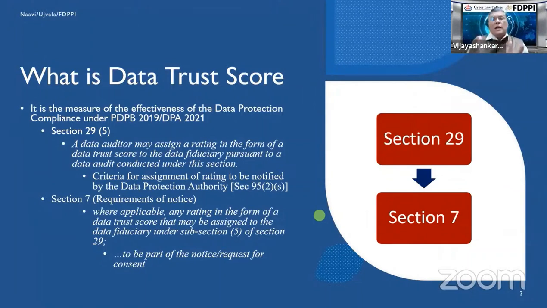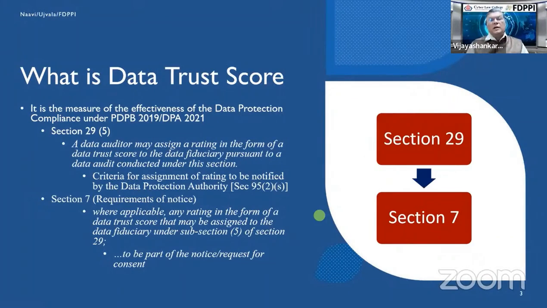So therefore, every organization which is processing personal data in India will be subject to the possibility of a data audit by an external data auditor, and the direction under section 29 is to that data auditor that he may assign a data trust score to indicate how good the compliance of the organization is in terms of whatever the law has prescribed. Additionally, there is section 7 which talks about the requirements of a notice for consent.